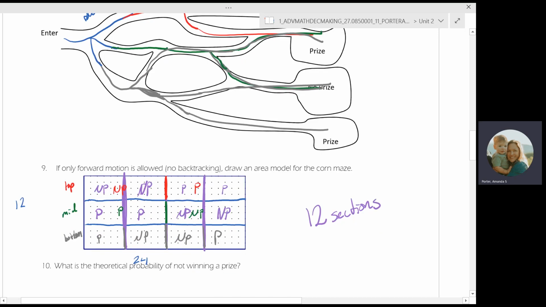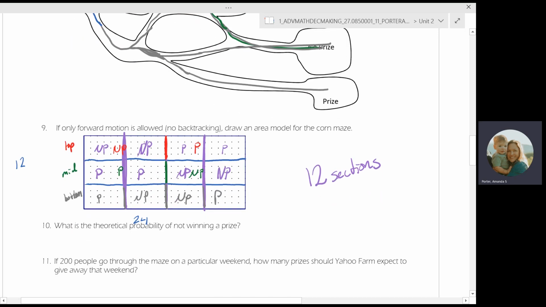So out of those 12 sections, how many of them are not a prize? Let's count up no P's. There are 1, 2, 3, 4, 5, 6. So the probability of not winning a prize is 6 out of 12, or 1/2, or you can call it 0.5 if you want that decimal.